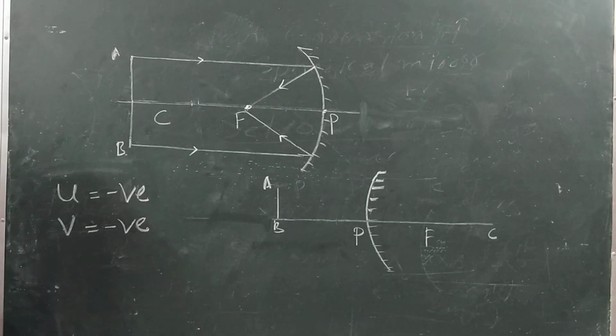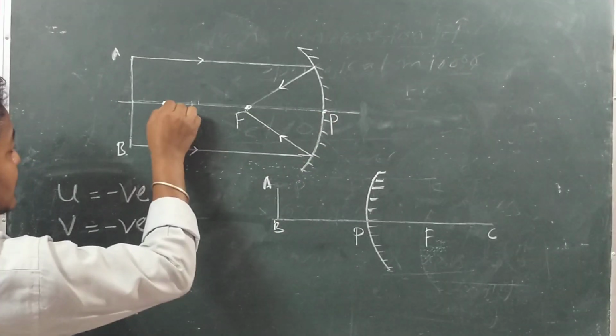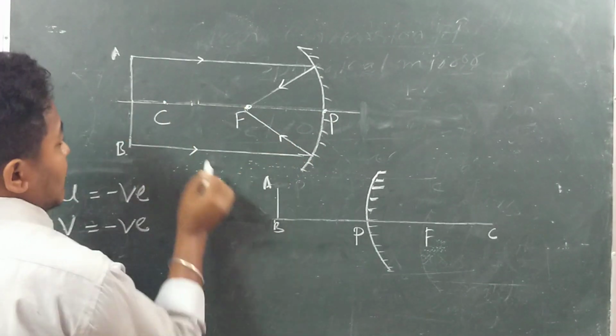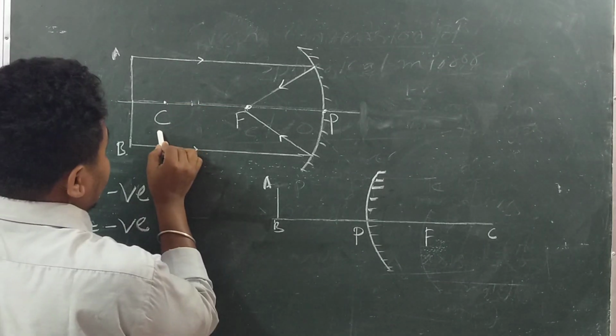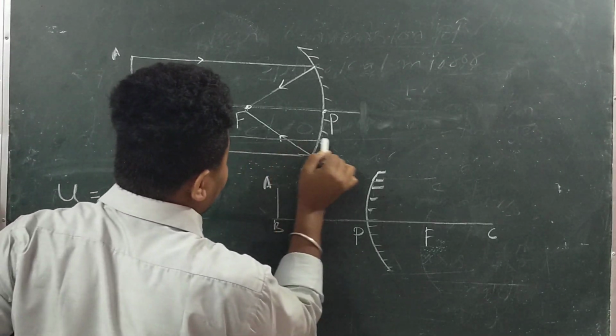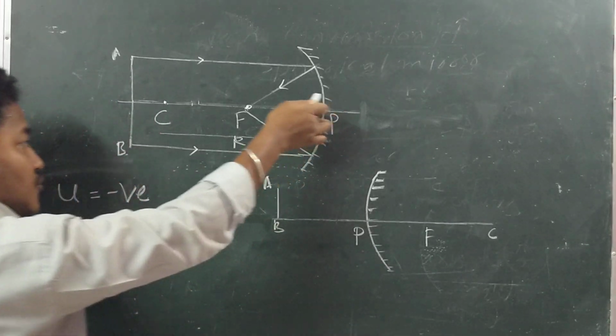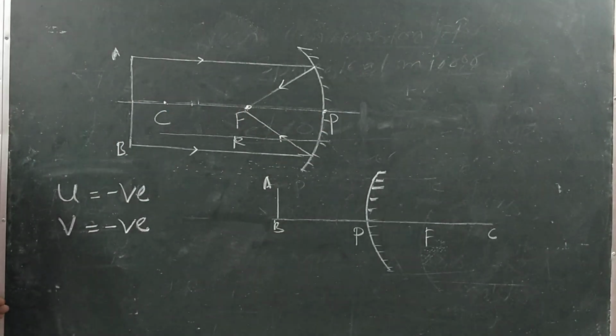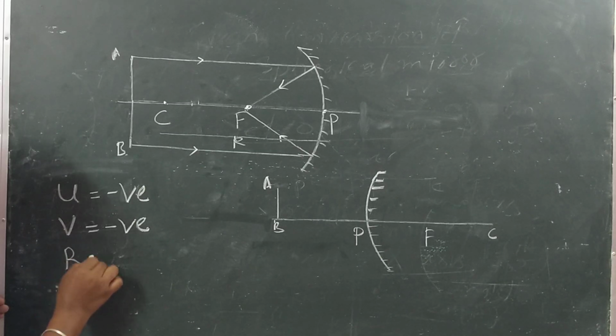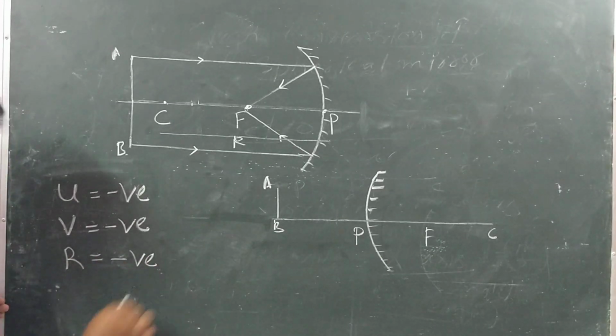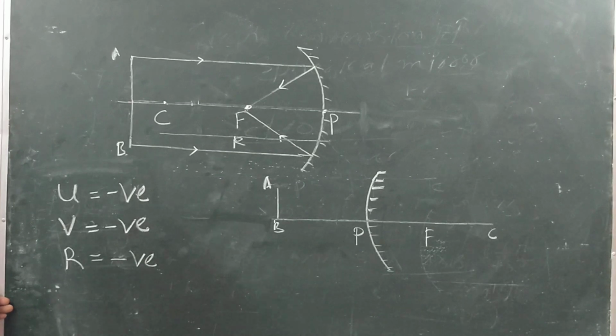So if you consider this is your P, this is F, this is C, this is what? Radius of curvature. This much distance you can consider. This is your radius of curvature. Radius of curvature is also on which side? Towards the left side. So radius of curvature will also be negative for concave mirror.